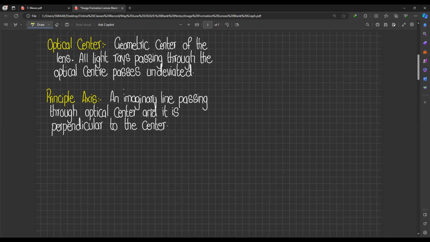And the third one is the principal focus, or in simple words we can also call this point, most of the time, the focal point.